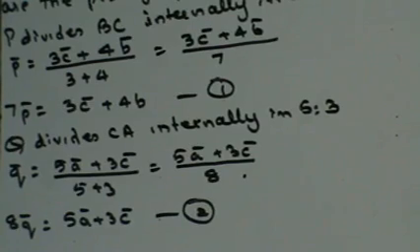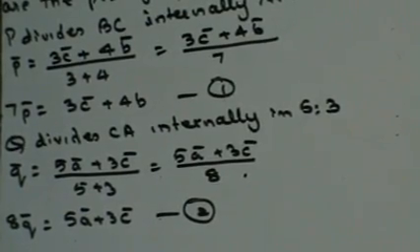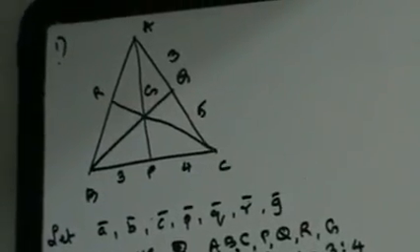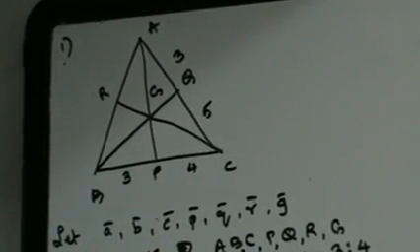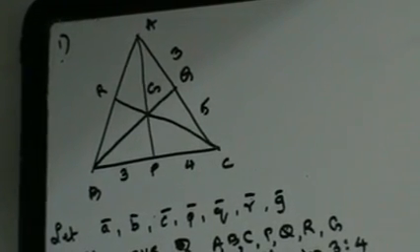Now they've asked me to find out the position vector of G. Now if you see the figure, G is nothing but the intersection of AP and BQ, right? I want AP and BQ in the answer.